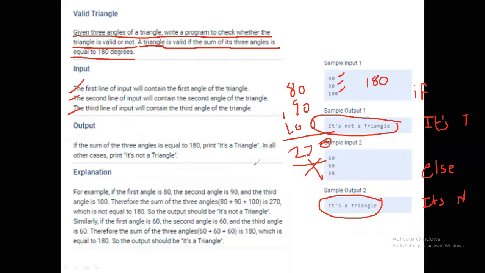So the sum of all the angles of a triangle is always 180. If the sum of three angles is equal to 180, print it's a triangle. In all other cases, print it's not a triangle. Here in the second case, 60 plus 60 plus 60 is 180, so we print it's a triangle as output.